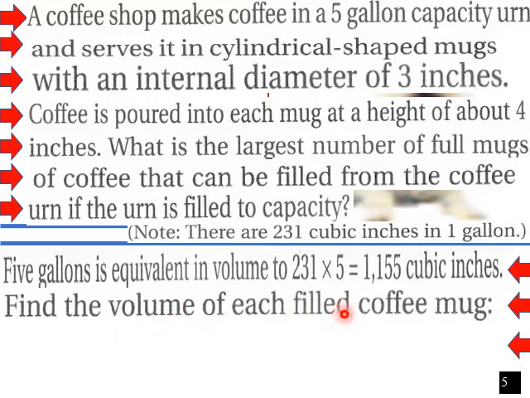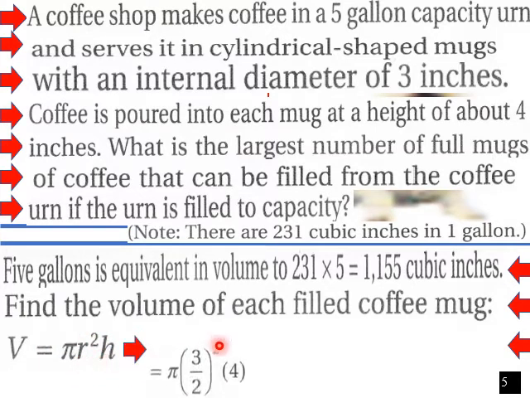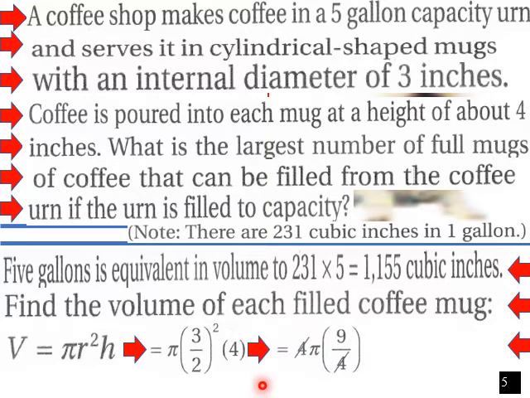Find the volume of each filled coffee mug. Here's our volume formula again, pi r squared h. So pi times 3 over 2 squared times 4 would be our plug-in to find the volume of each coffee mug.